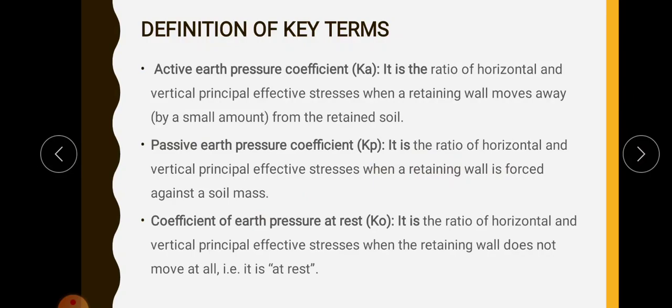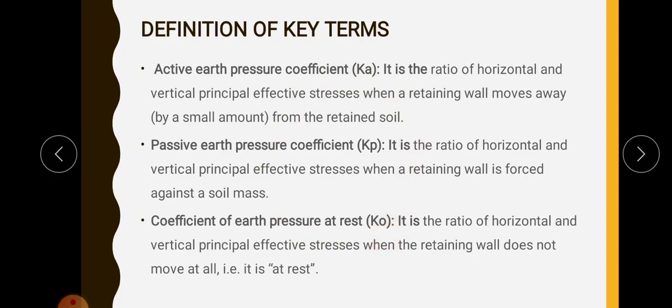The last one, the coefficient of earth pressure at rest, is the ratio of horizontal and vertical principal effective stresses when the retaining wall does not move. So these coefficients are the ratio of horizontal stress to vertical stress in three different conditions.